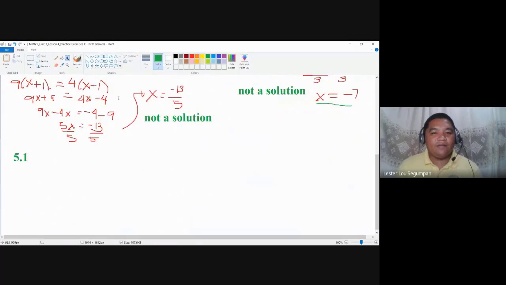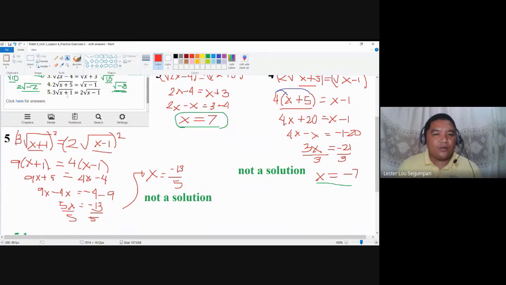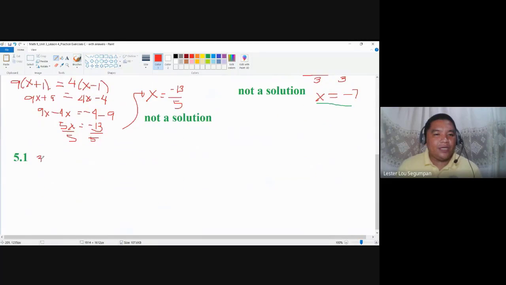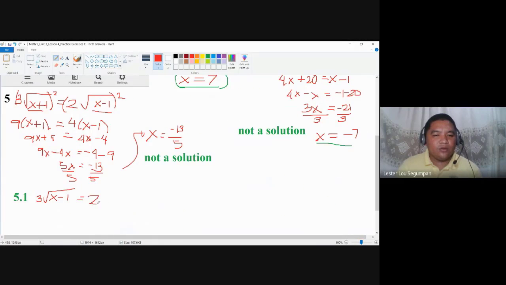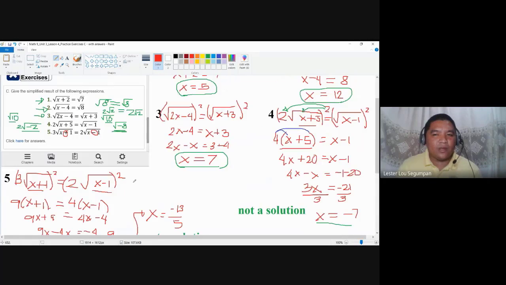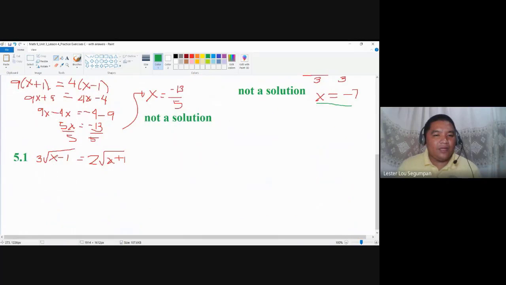So just for reference, I'm going to change these signs here. So we'll have 3 square root of x minus 1 instead of plus 1 is equal to 2 square root of x plus 1 instead of minus 1. And let's see if we have a solution now. So we have here the square of both sides.